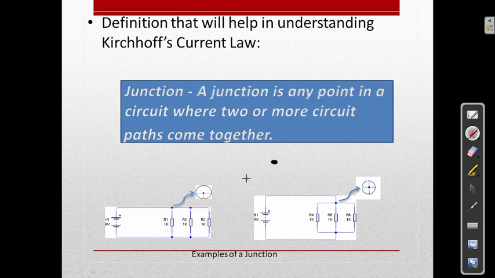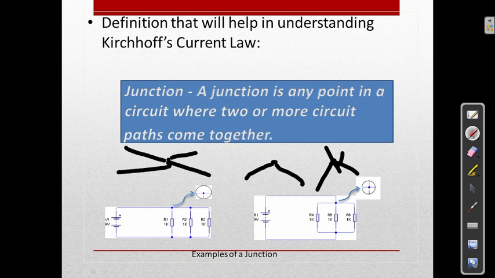Junction means a connection of 2 or more than 2 points. If it is a single point, we cannot say it is a junction. This is only a straight line. If it is more than 1 point, 2 or 3 or 5, then we will say this is a junction.